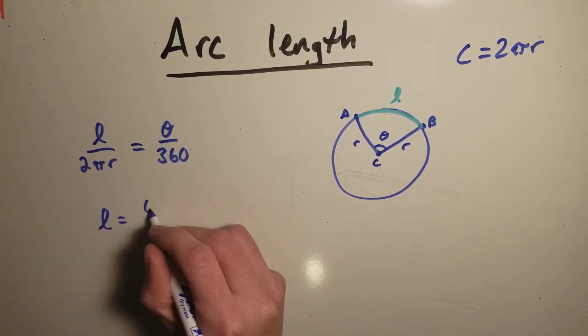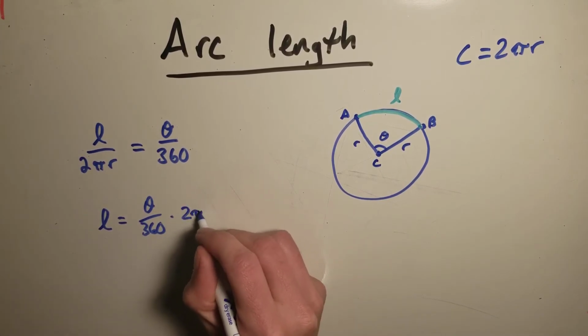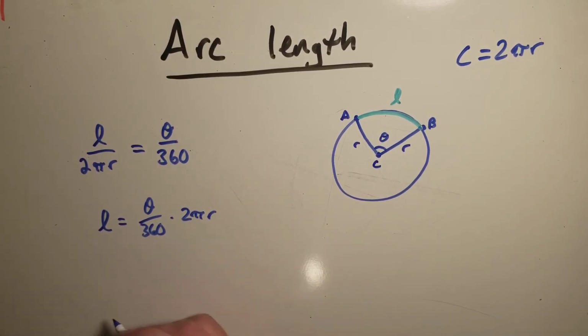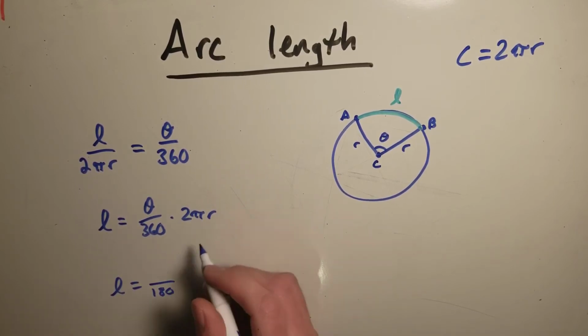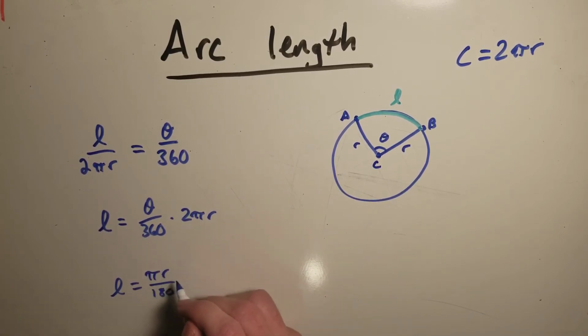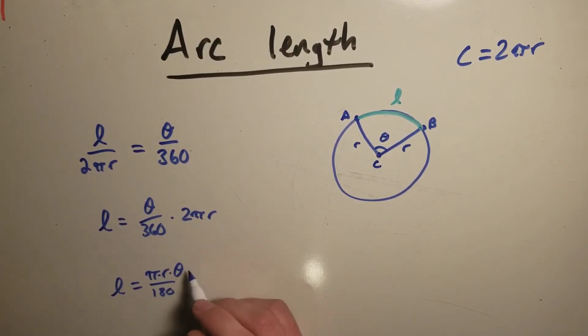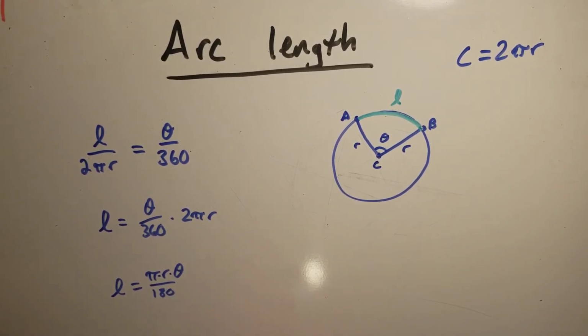L is equal to theta over 360 times 2 pi r, and you could simplify further: the 2 and 360 cancel to 180, and we're going to have pi r times theta over 180. Keep in mind this is going to be measured in degrees. I like to use the proportion personally, so let's go to a little problem with this.